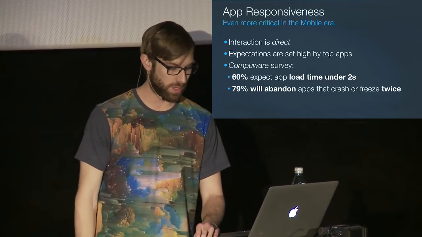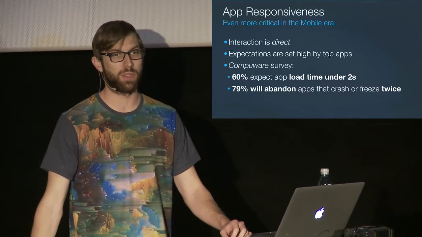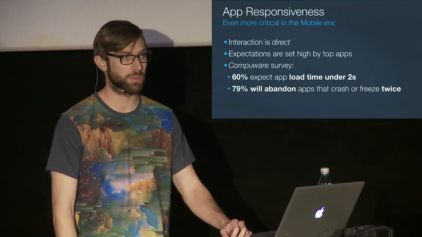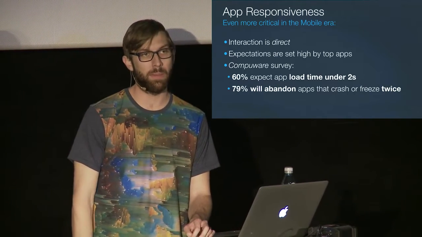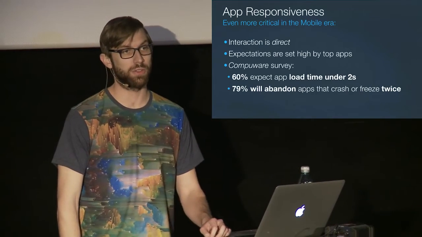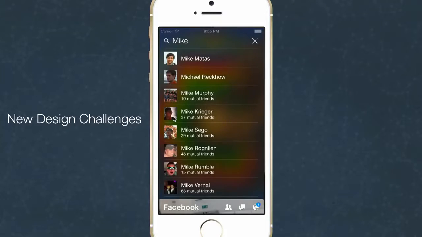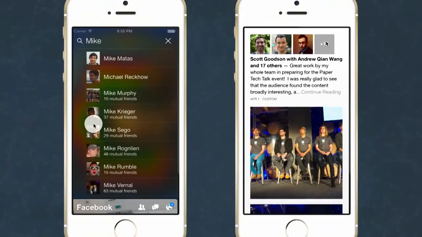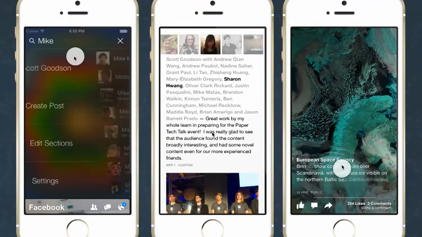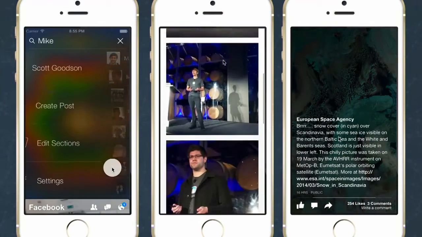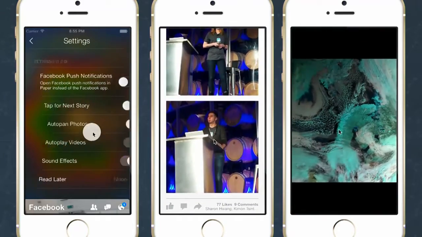So surveys specifically on mobile, most people expect load times under 2 seconds for an app to launch. This is pretty quick. And about 80% will abandon an app and may never revisit it if it crashes or freezes just twice. So this is a pretty high bar. Now, these are some examples of iOS 7 style UIs that have been coming out recently that have been becoming more popular. Continuous gestures, physics-based animations are everywhere.